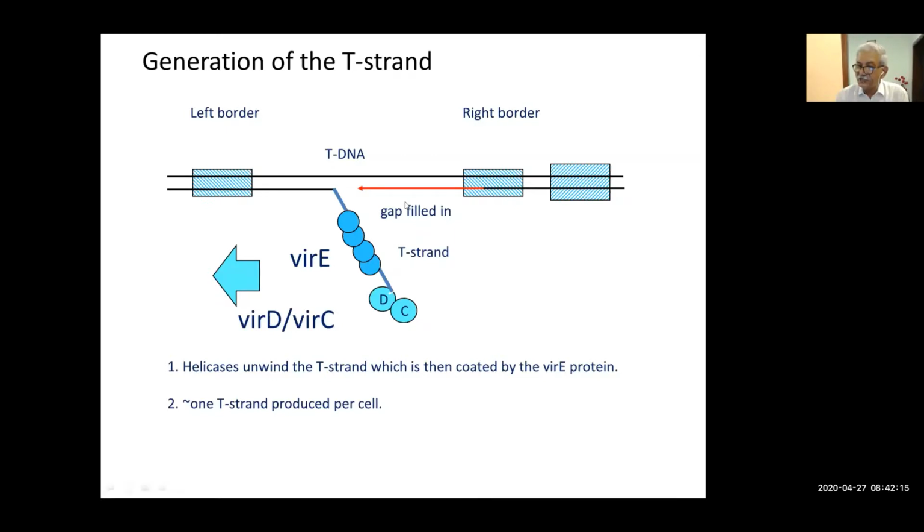The main function here is by Vir-D2, and as soon as the single-stranded DNA is produced, Vir-E surrounds this single-stranded DNA and tightly bonds to it. And this tDNA is now not only DNA, it is a DNA-protein complex, with a single protein, Vir-E, binding the single-stranded tDNA generated by Vir-D2 cleavage.